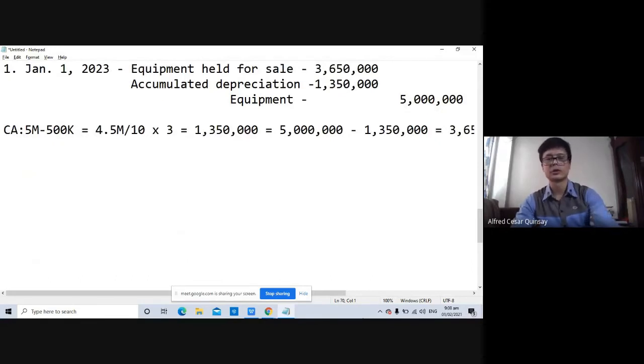Number 2 is to measure the equipment held for sale at the lower of carrying amount and fair value less cost of disposal.